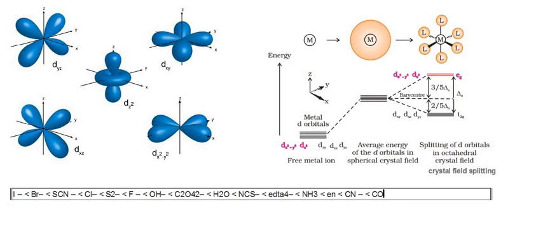Such a series is termed the spectrochemical series. It is an experimentally determined series based on the absorption of light by the complexes with different ligands.